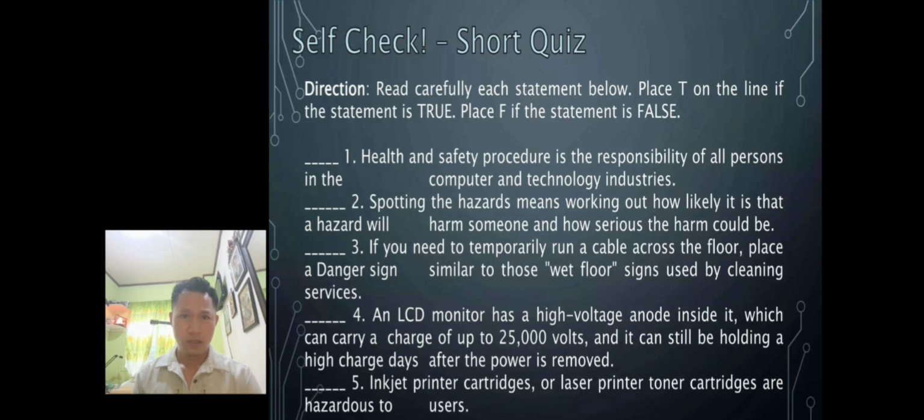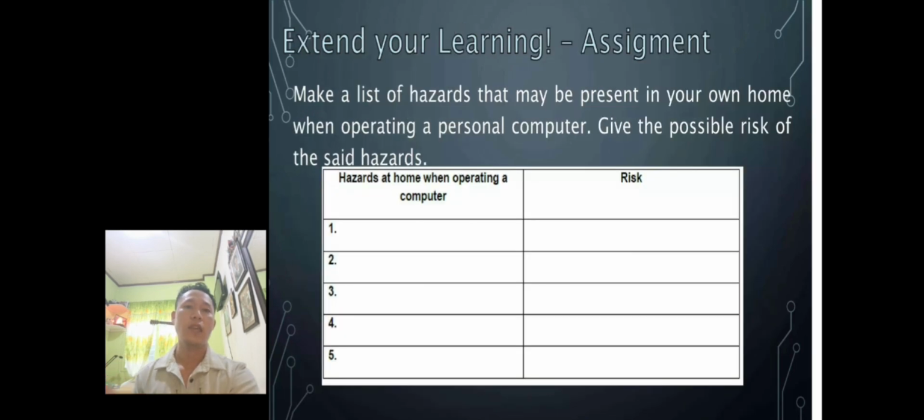And also there is a short quiz regarding our lessons. And also to extend your learning, on a 1/2 crosswise also, you need to write it and pass these activities next meeting.